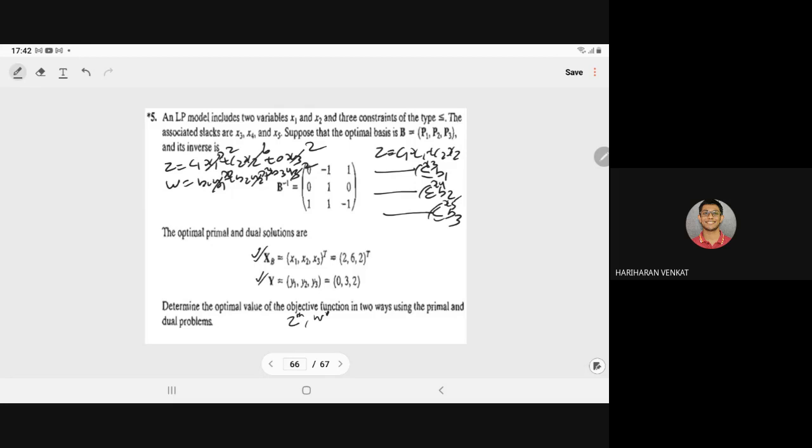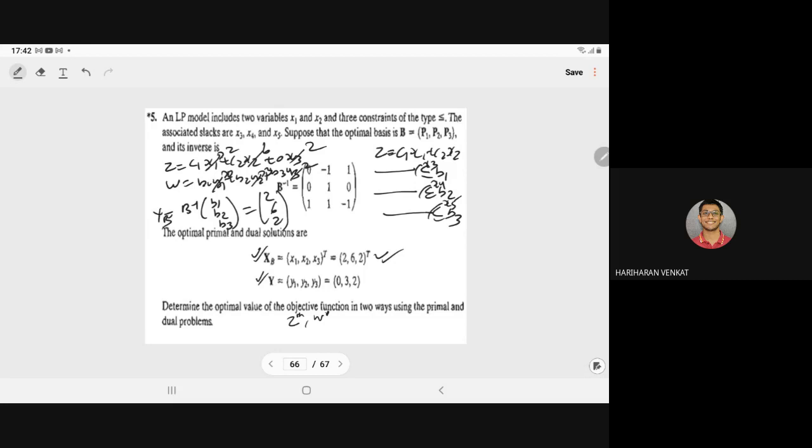Now you have to compute the values of b1, b2, b3, c1 and c2. So what are b1, b2, b3? B inverse times b1, b2, b3 is equal to the optimal value of the primal, 2, 6, 2. If you multiply b1, b2, b3 with B inverse, then it is equal to xB, and xB is given to you as 2, 6, 2.